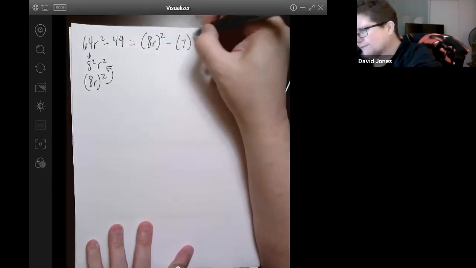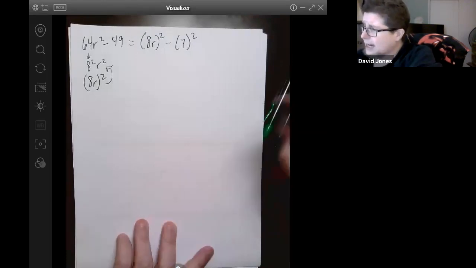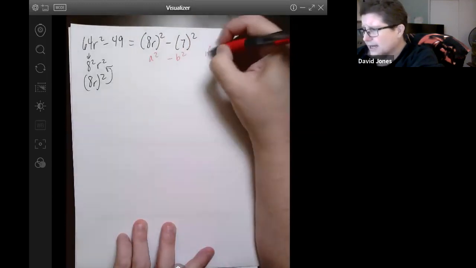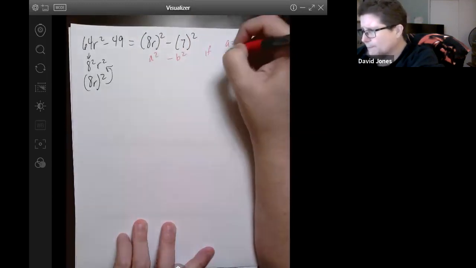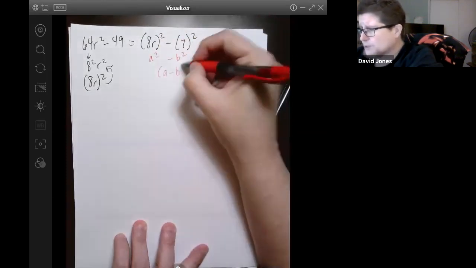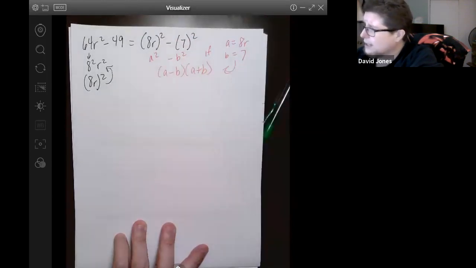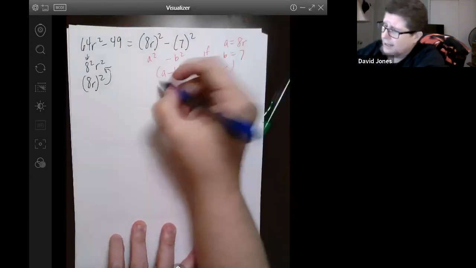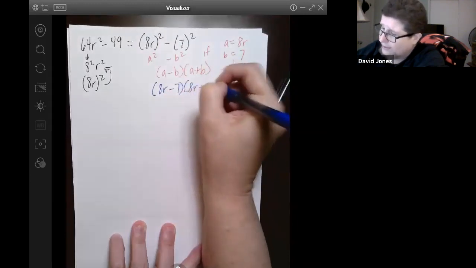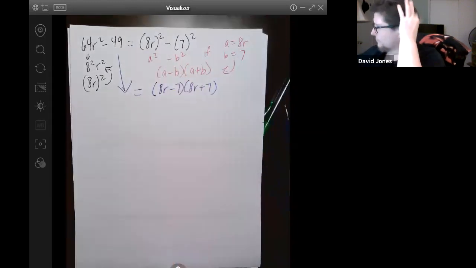And now this looks like a squared minus b squared if a equals 8r and b equals 7. So I want a minus b, a plus b. I'll take those and plug them in. I get 8r minus 7 and 8r plus 7.